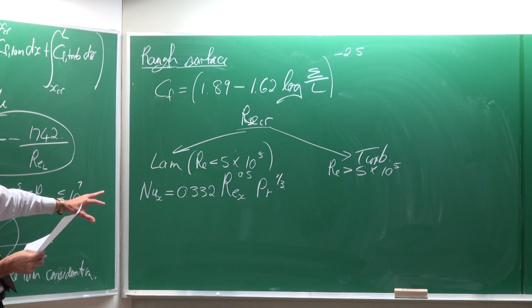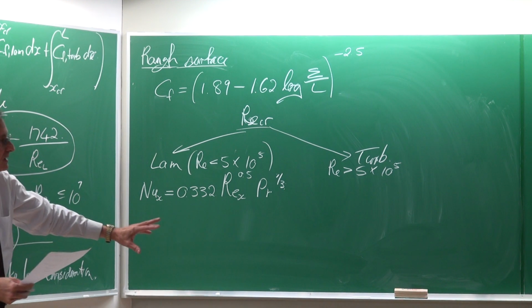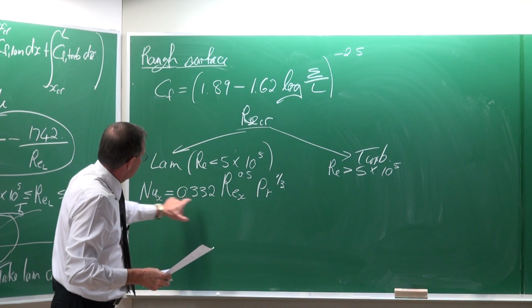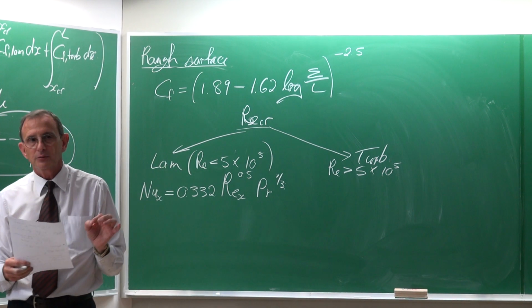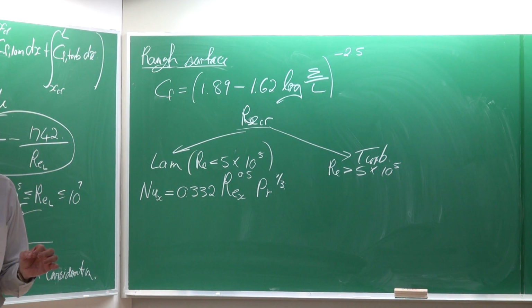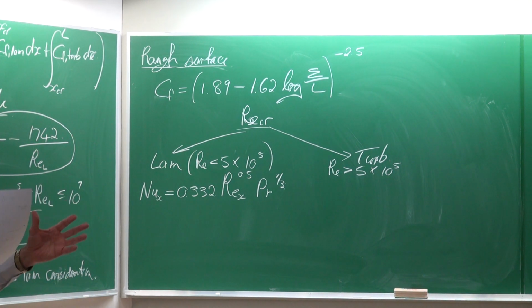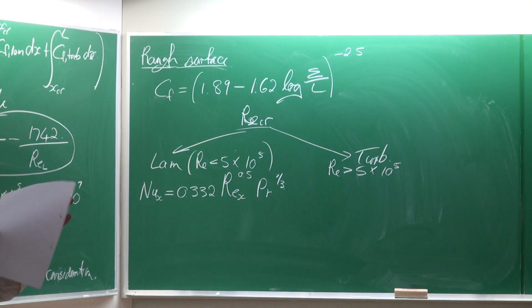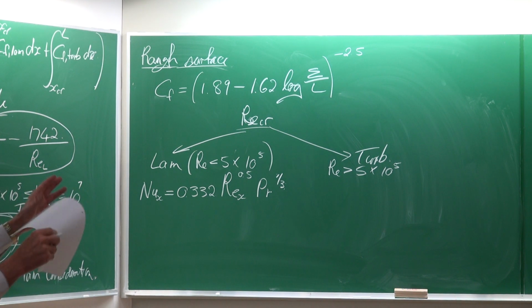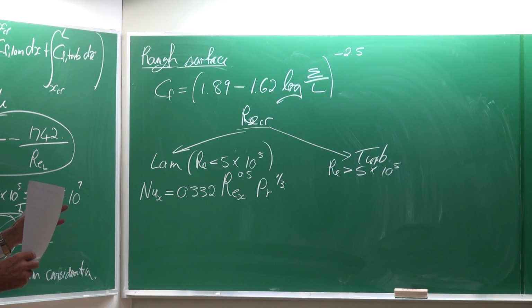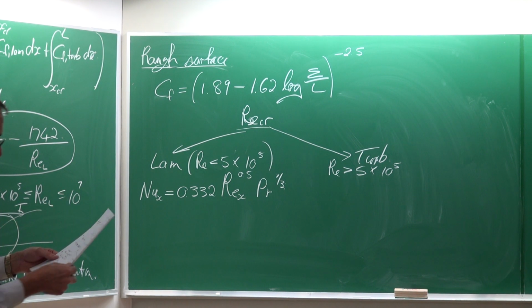If we look at this, we can immediately see an irritation here. And the irritation is it gives us a local value. And if we get local values, we have to do a lot of work because we have to determine the values everywhere on this flat surface and then do integration.